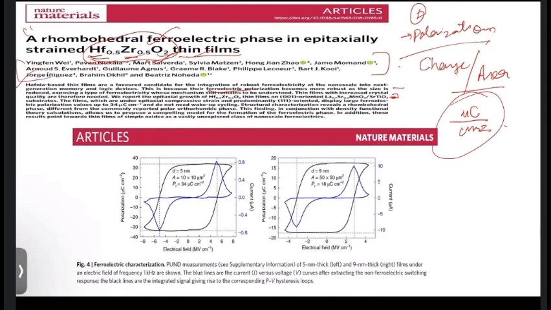Structural characterization reveals a rhombohedral phase different from the commonly reported polar orthorhombic phase. Simple, it's a fact. This finding in conjunction with the density functional theory calculations allows us to propose a compelling model for the formation of the ferroelectric phase. They have used some theoretical calculation to support their experimental data.